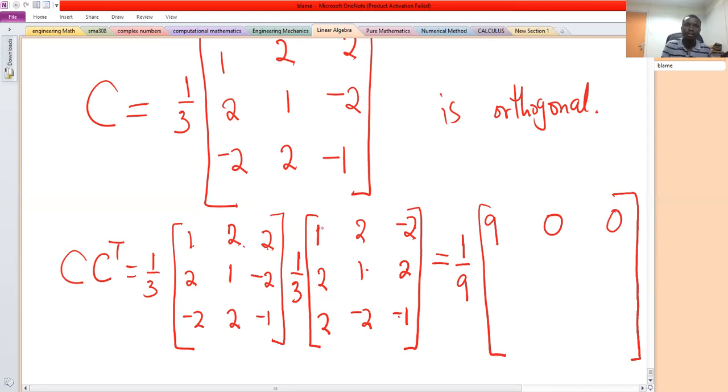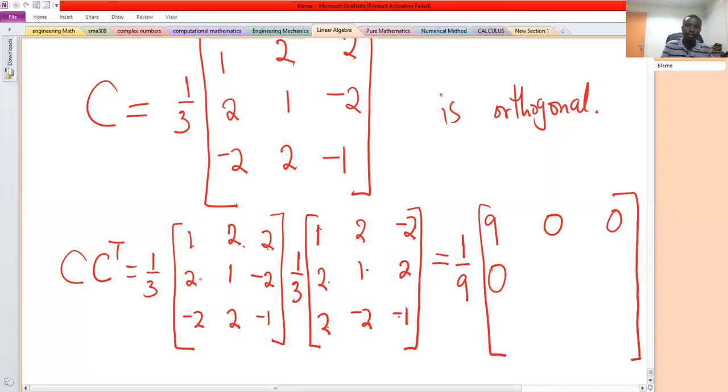2 by 1 is 2, plus 1 by 2, which is 2, plus minus 2 times 2, minus 4. When you add 2 plus 2 plus minus 4, you get 0.